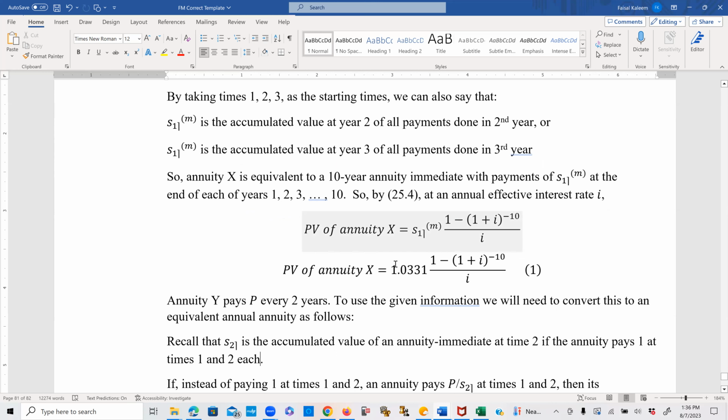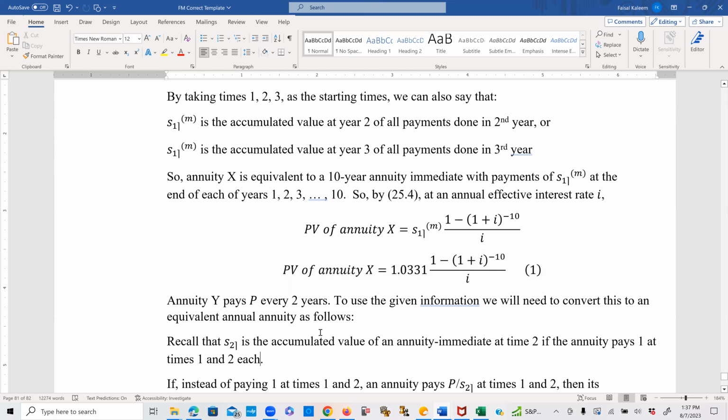And we are given that S1M is 1.0331, so we substitute its value. And now Y was paying P every 2 years. And once again, we will need to convert Y into an equivalent annuity which pays every year instead of every 2 years, so that we can use the same interest rate i and equate it to this, and the i's will then cancel out.